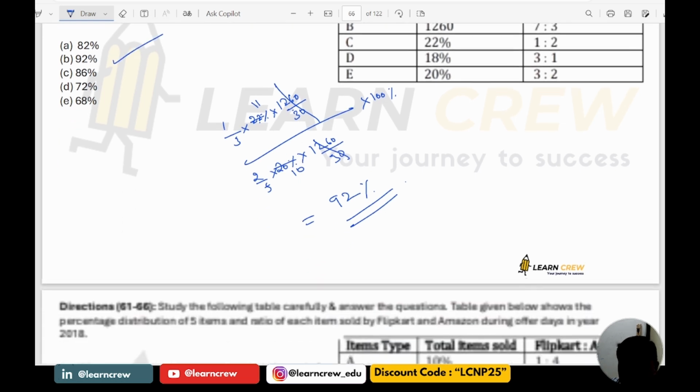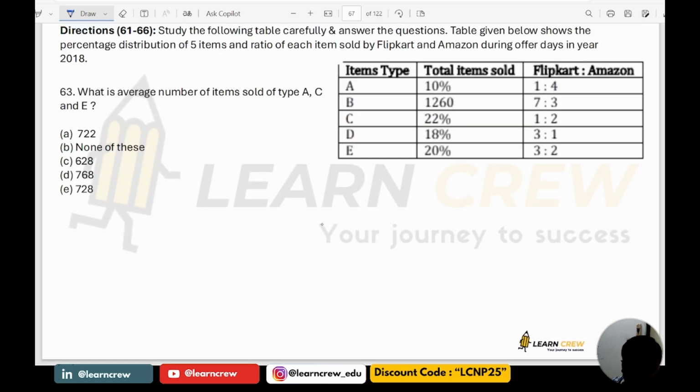Next, question number 61 to 66. What is the average number of items sold of type A, C, E? Means 1/3 of each percentage is 1260 by 3. So it is given contribution 10, 20 and 22. So please see here what is the value you are going to get. 1/3.